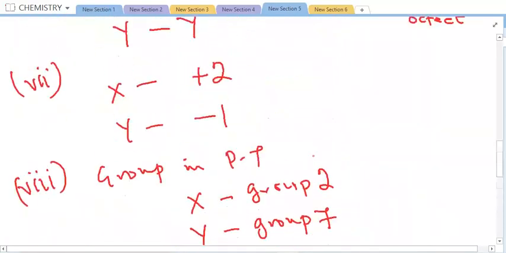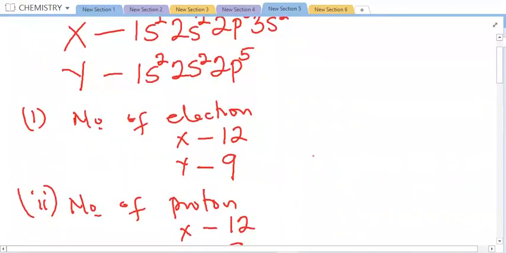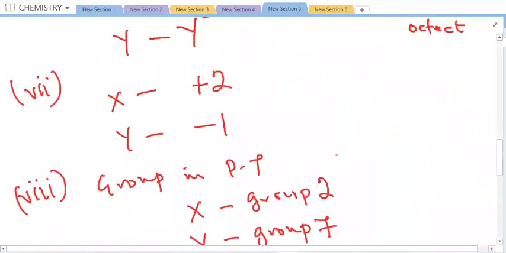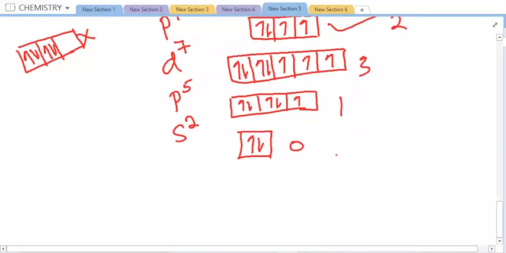Let us now go back to our question. Now, you have 3s2 and you have 2p5. So how many electrons are unpaired? For X, you're going to have 1, 2. So the answer is 0.